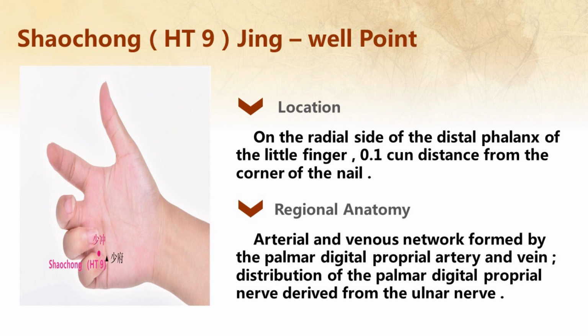The location of this acupoint contains the arterial and venous network formed by the palmar digital proper artery and vein, and the distribution of the palmar digital proper nerve derived from the ulnar nerve.